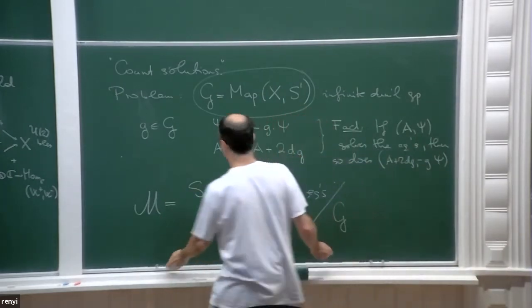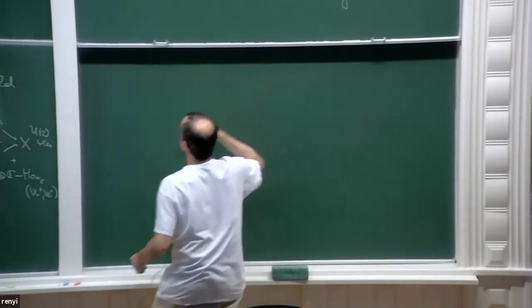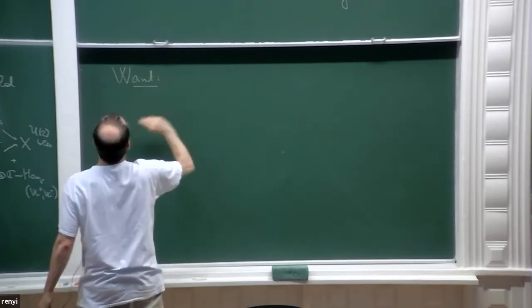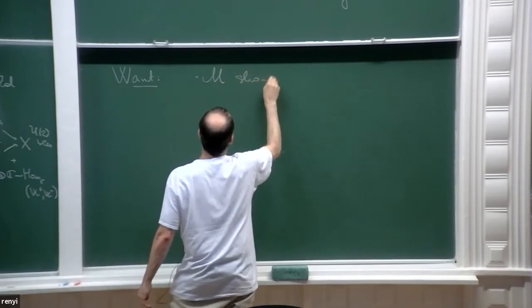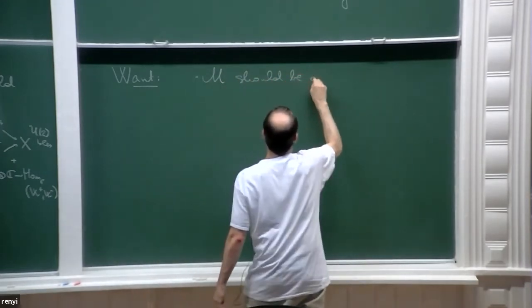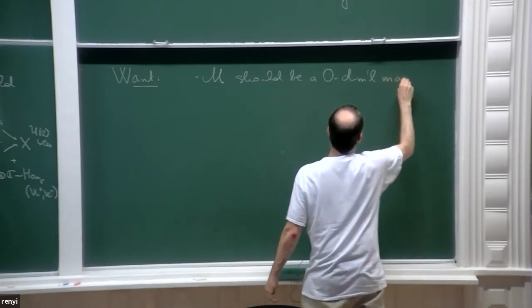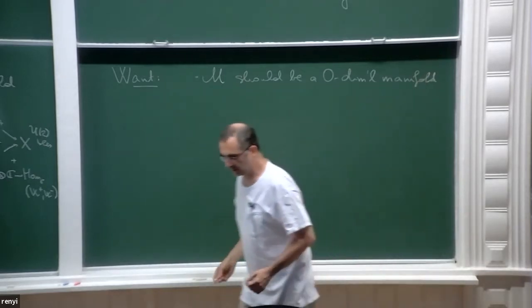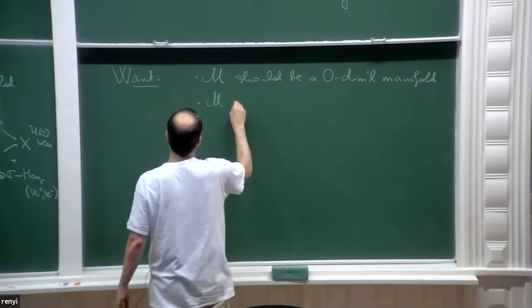So that's the question. We want the following. We want this M to be a zero-dimensional manifold, so a couple of points. We would like to see that this is compact.